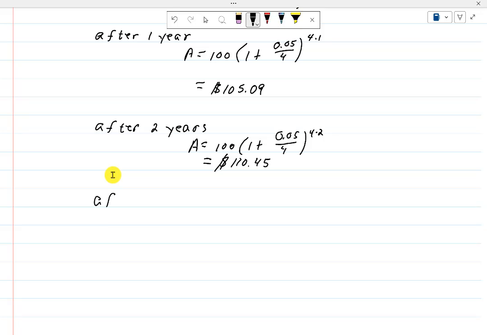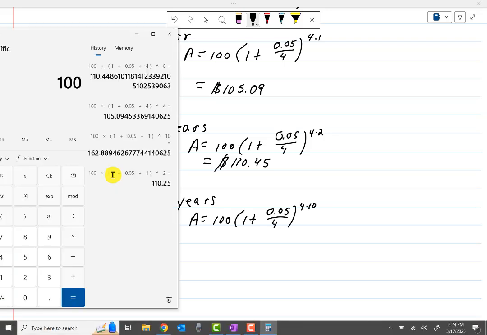Let's do after 10 years. We have A equals 100 times 1 plus 0.05 over 4 to the 4 times 10. 100, start my parenthesis, 1 plus 0.05 divided by 4, and finish the parenthesis. And now I'll raise it.